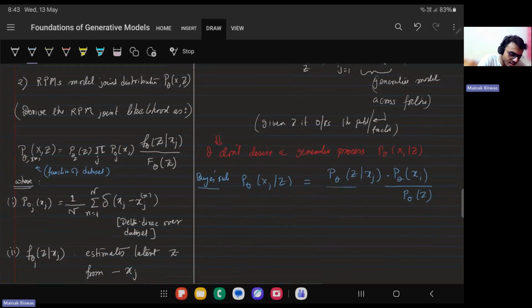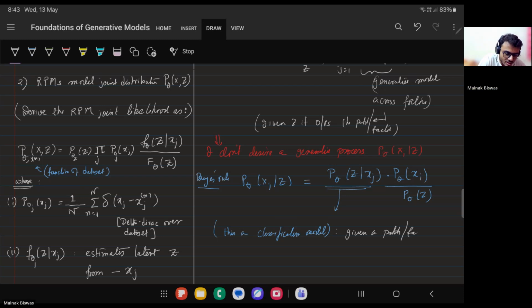Now, this is a classification model. Given z, given xj, a patch, a factor, it outputs a distribution of z.